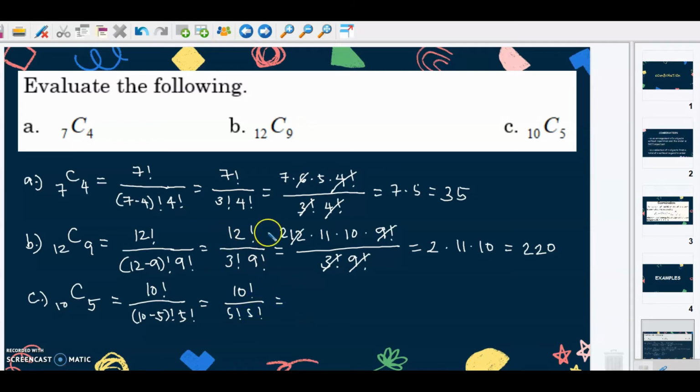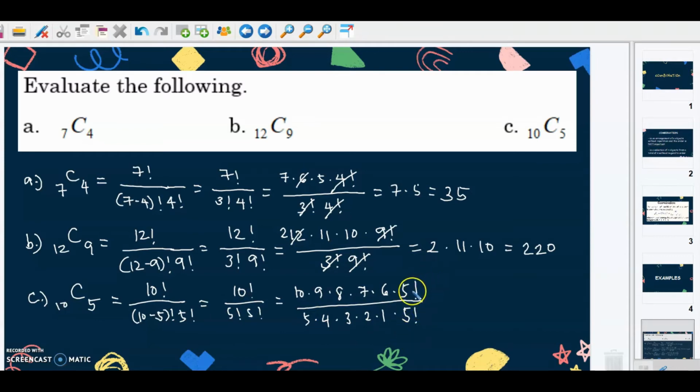Then we further simplify this by expanding the numerator as 10 times 9 times 8 times 7 times 6 times 5 factorial. All over, I will expand 5 factorial here as 5 times 4 times 3 times 2 times 1, and I will leave the other 5 factorial as is.